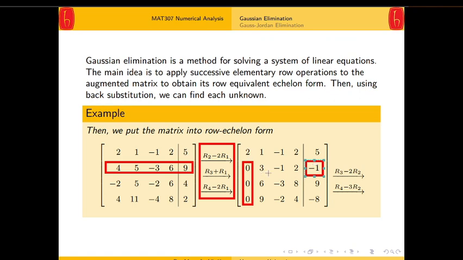So this is what we really get, and you can do the same operations on the third and last row, and you'll see we end up with these entries.